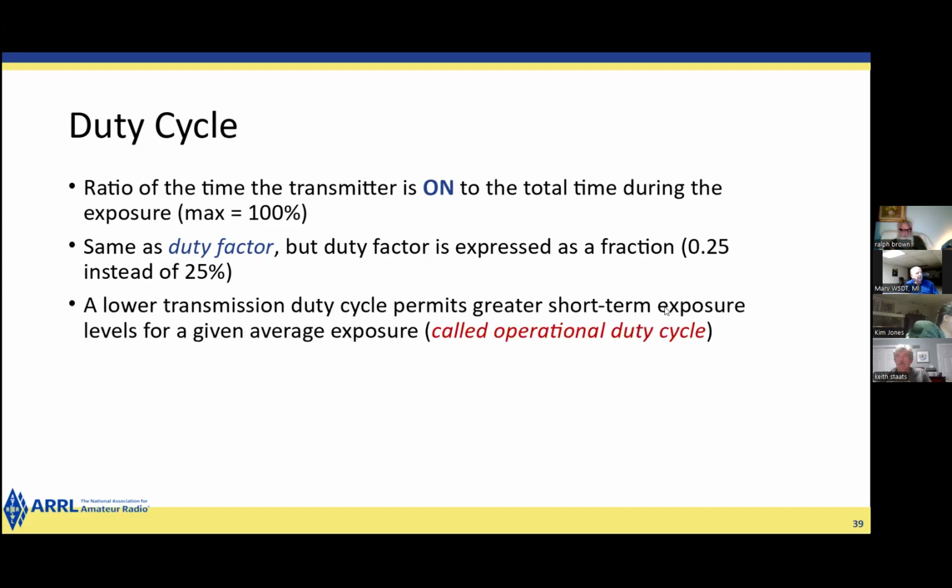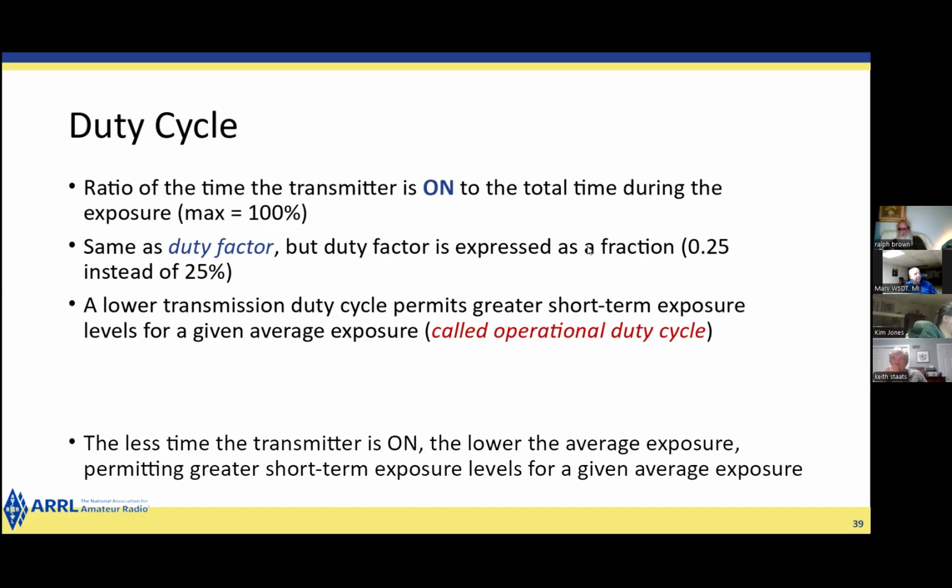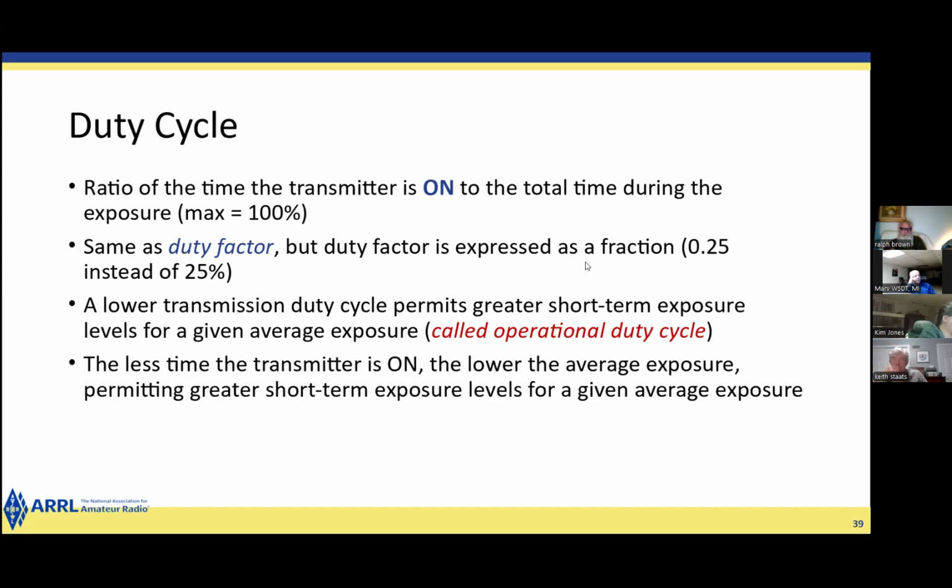So a lower transmission duty cycle permits greater short-term exposure levels for a given average exposure. That's called the operational duty cycle. The less time the transmitter is on, the lower the average exposure.